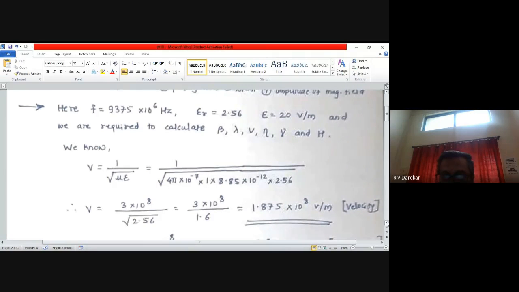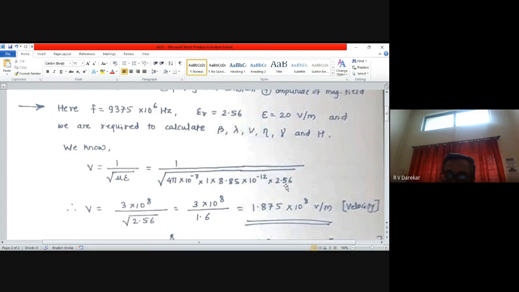We also know mu is equal to mu 0 mu r, and epsilon is equal to epsilon 0 epsilon r. Mu 0 is equal to 4 pi into 10 raised to minus 7. One more point to note is that if mu r is not given, it can be considered equal to 1. Epsilon 0 value is 8.85 into 10 raised to minus 12, multiplied by epsilon r, which is given as 2.56.